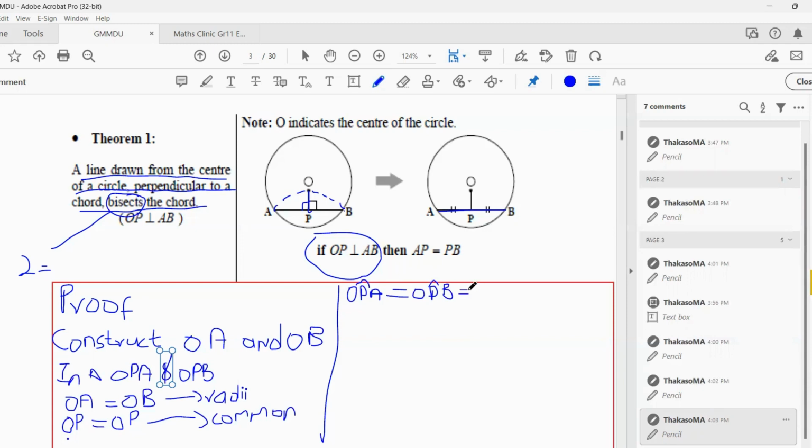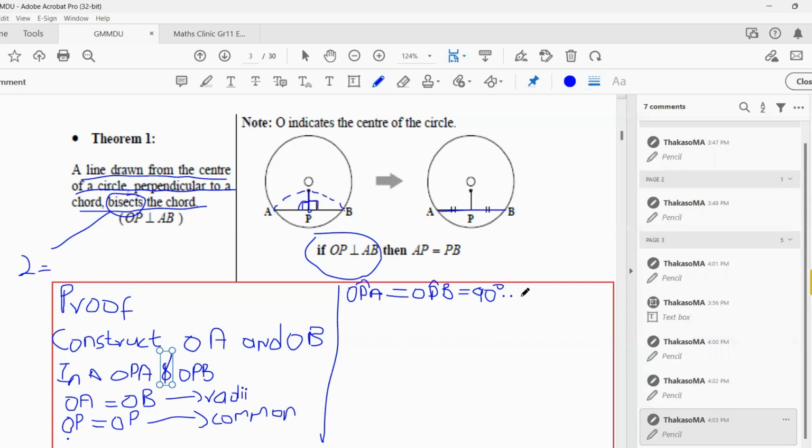They are both equals to 90 degrees. Okay, so this angle is equals to this angle. They are both equals to 90 degrees.